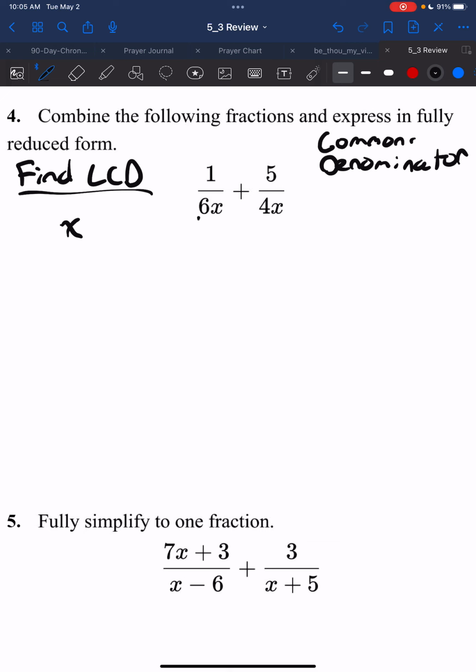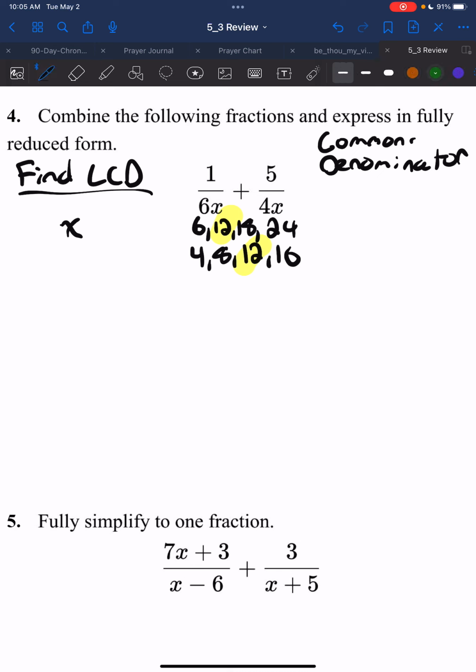The multiples of 6 are 6, 12, 18, 24. And then for 4, it's 4, 8, 12, 16, okay? And right away, I already see that the smallest in common is going to be 12.